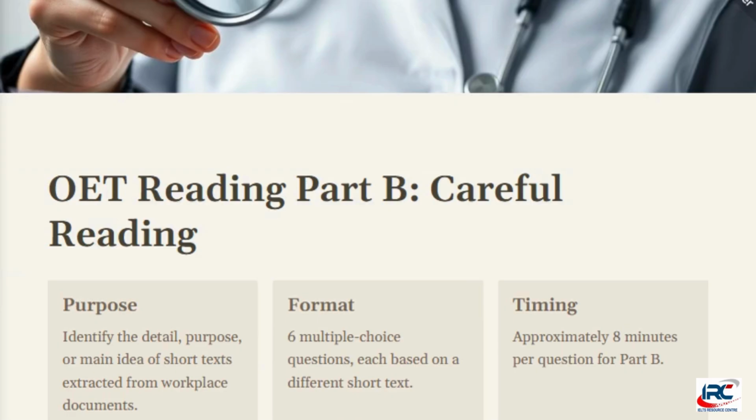These texts are carefully extracted from real-world healthcare documents such as policy updates, memos, patient handouts, or maybe guidelines. Your goal here is to demonstrate that you can navigate these materials with precision and confidence, just as you would in a professional healthcare setting.